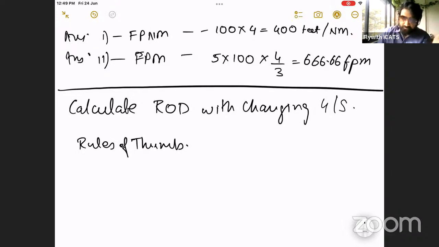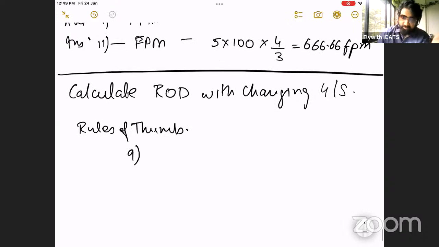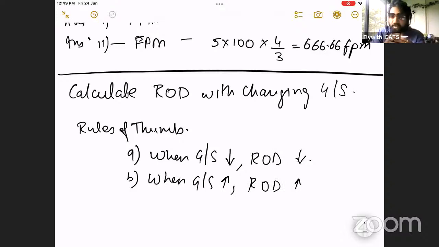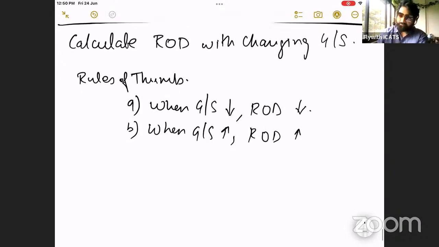Your rule of thumb is: when ground speed decreases, your ROD will also decrease. And when your ground speed increases, your ROD will also increase. Remember this rule of thumb. It will be applicable to determine your new rate of descent.